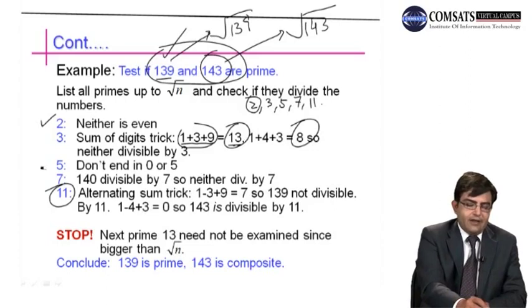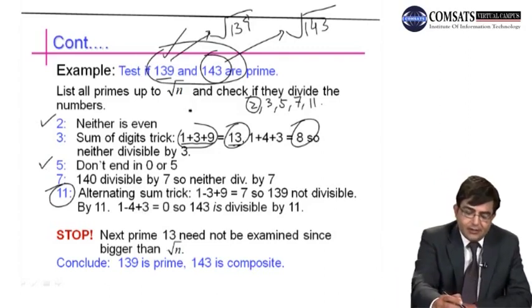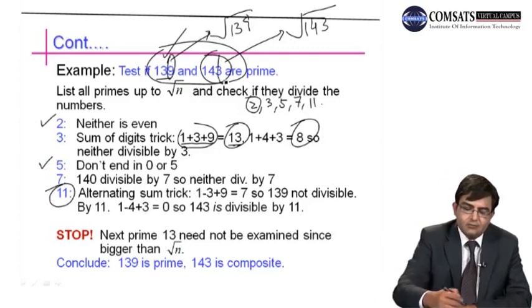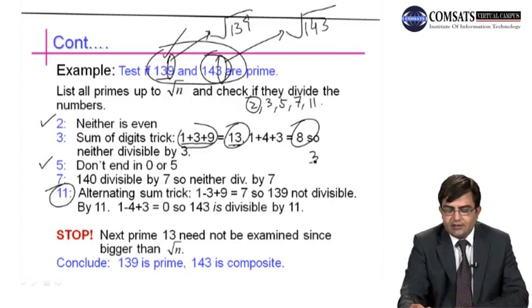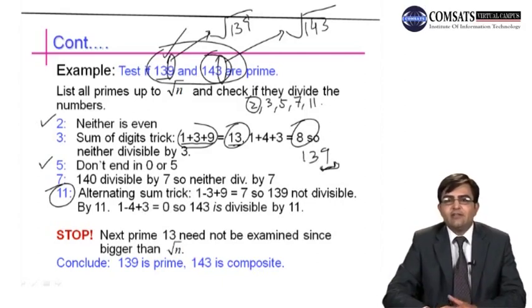Now we check whether 5 divides 139 and 143 or not. You know that 5 divides only those numbers for which the last digit is 0 or 5. For example, if 139 had 0 or 5 at the end, then that number would be divisible by 5. If not, then the given number is not divisible by 5.